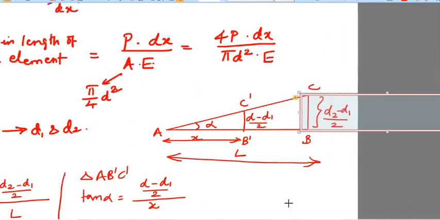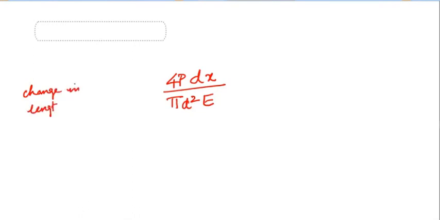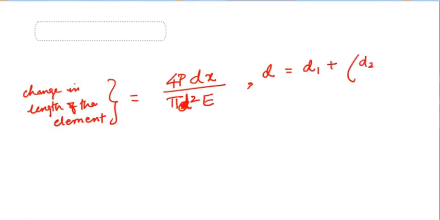So the change in length of the element is 4P dx divided by pi d square E, where this diameter d is given by D1 plus (D2 minus D1) divided by L into x.